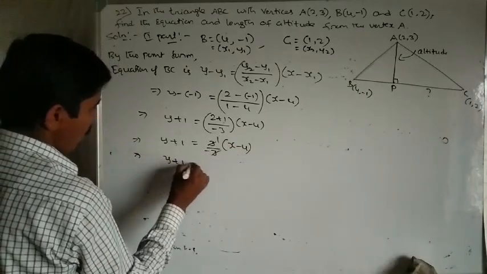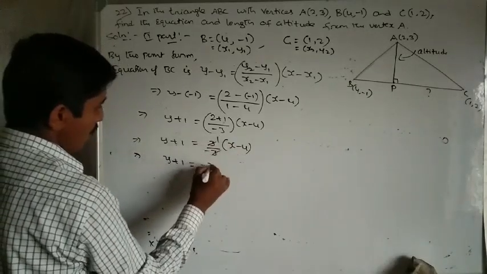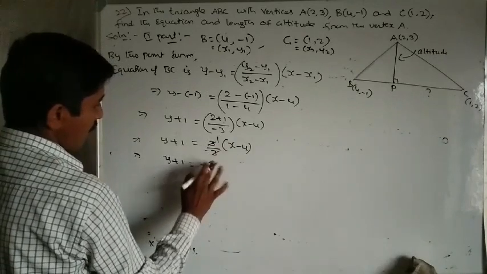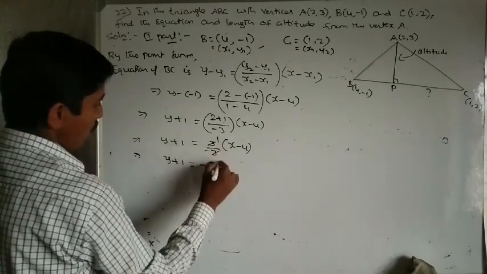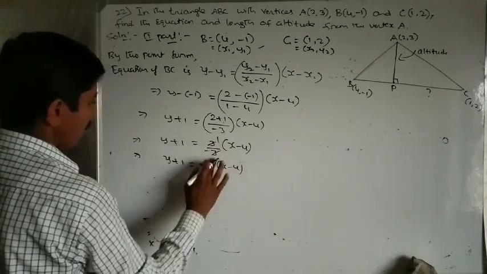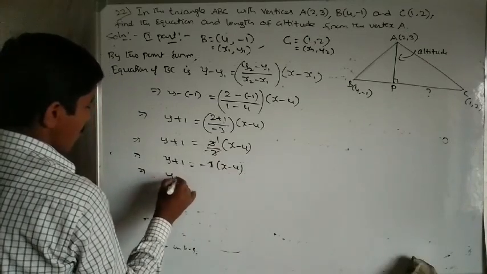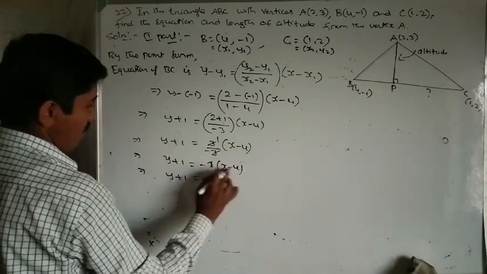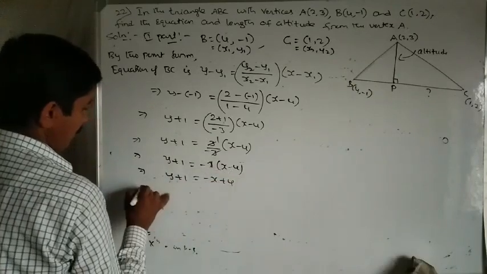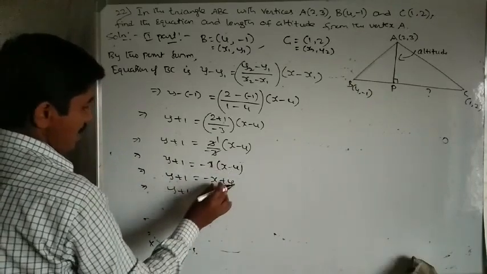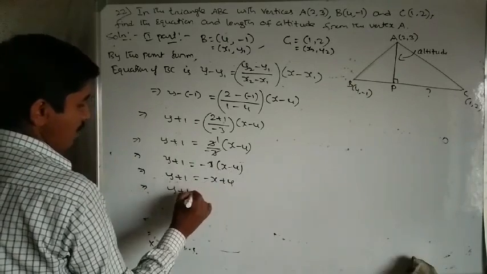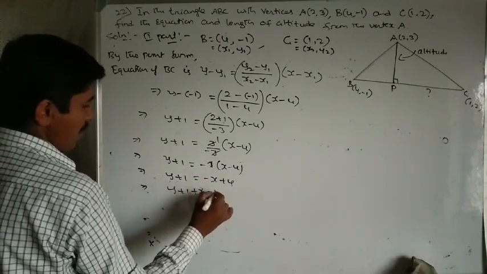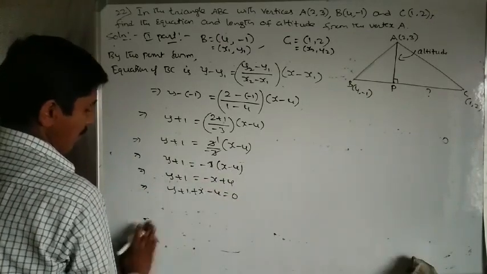Cancels. Y plus 1 is equal to minus 1 into x minus 4, that is minus x plus 4. Taking these terms on the left side, minus becomes plus x, plus becomes minus: x plus y plus 1 minus 4 is equal to 0.